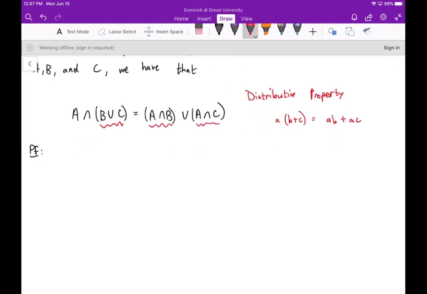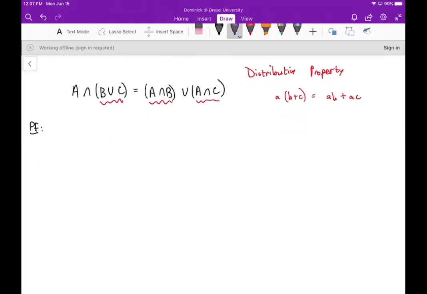Now, how can we prove this? The way that I'm going to prove this is sort of the standard way, but we'll talk about a nice way that will allow you to visualize this, which should help you make valid proofs for this as well. Now, what we need to show is two things.